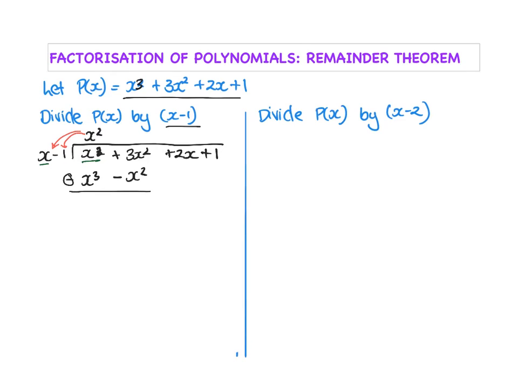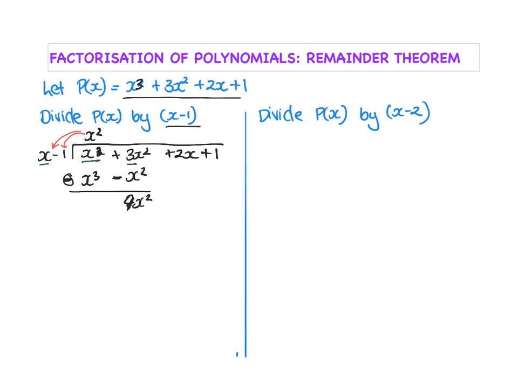When you minus it, you should see the leading term disappear, which we do, because x cubed minus x cubed is 0. Then I've got 3x squared minus x squared. What would that be? 4x squared. Oh yeah, because it's a minus and a minus. Good.